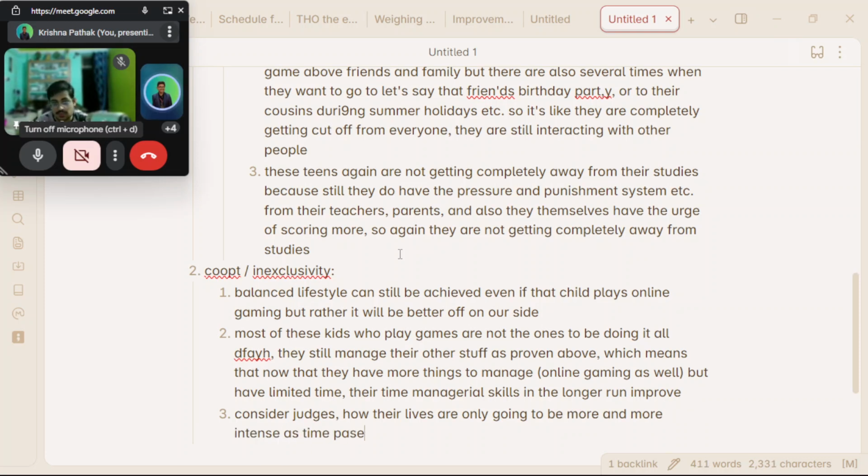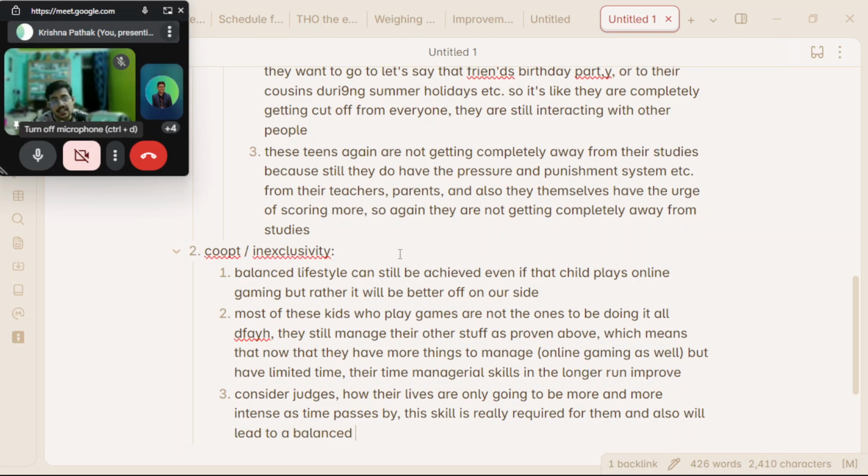As time passes by, they'll have more stuff to do, and therefore, for them to learn this skill of time management is way more important, and is really required, right? So as time passes by, this skill is really required for them, and also will lead to a balanced lifestyle, right?